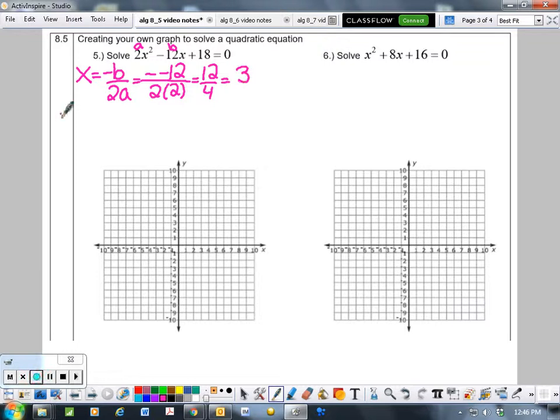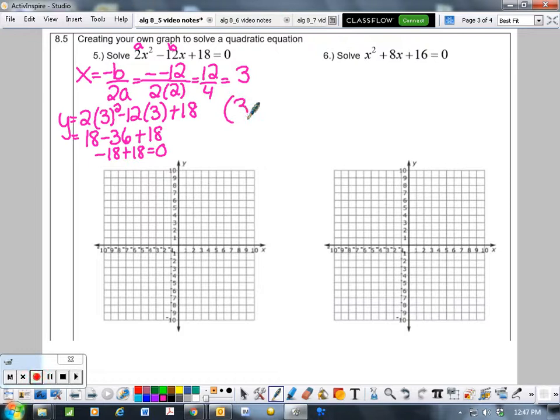And then we're going to find our y by y equals 2 times 3 squared minus 12 times 3 plus 18. So 3 squared is 9, 2 times 9 is 18, minus 12 times 3 is 36, plus 18. This gives us negative 18 plus 18, which gives us 0.